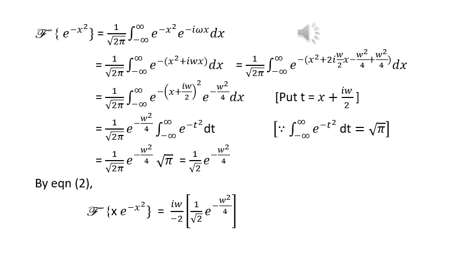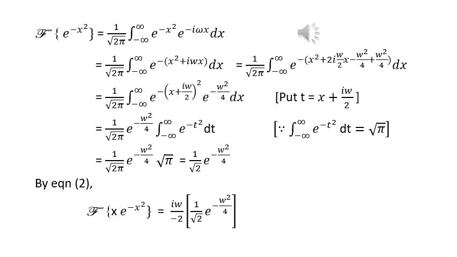That is 1 by root 2 pi integral minus infinity to infinity e raised to minus of x square plus 2 I omega by 2 into x minus omega square by 4 plus omega square by 4 the whole into dx. That is a is equal to x and b is equal to I omega by 2.